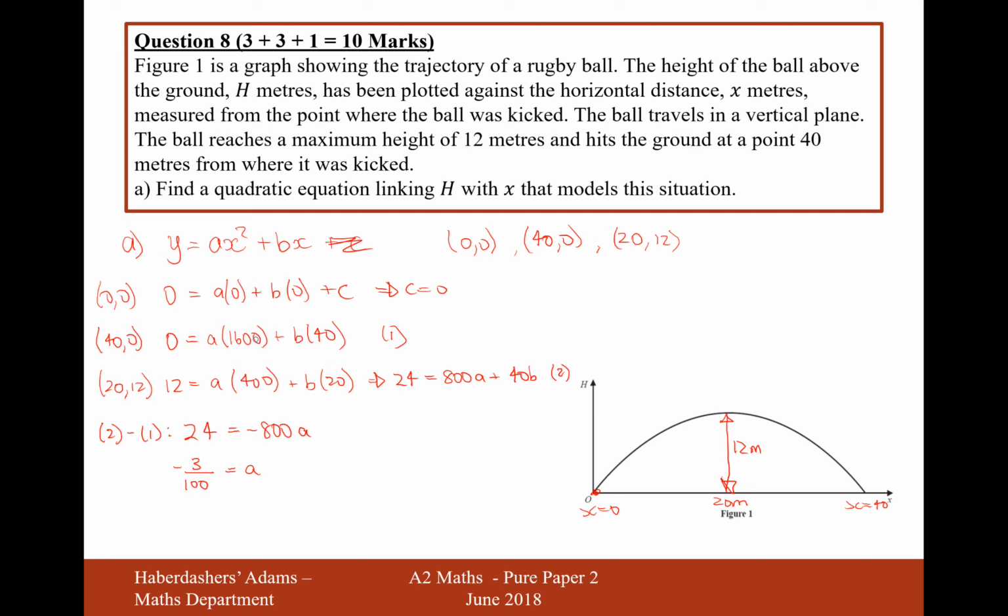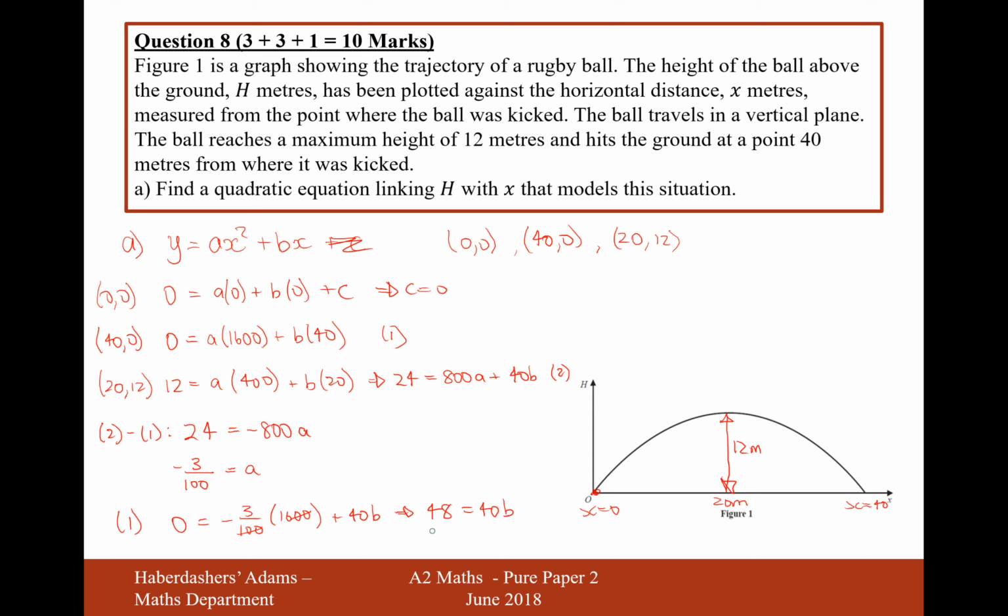Now all we need to do is plug it back into one of the equations to work out b. Let's choose equation 1. 0 equals minus 3 over 100, lots of 1,600, plus 40b. So cancel out the 100 there and there. 3 times 16 is 48, so add the 48 on the other side: 48 equals 40b.